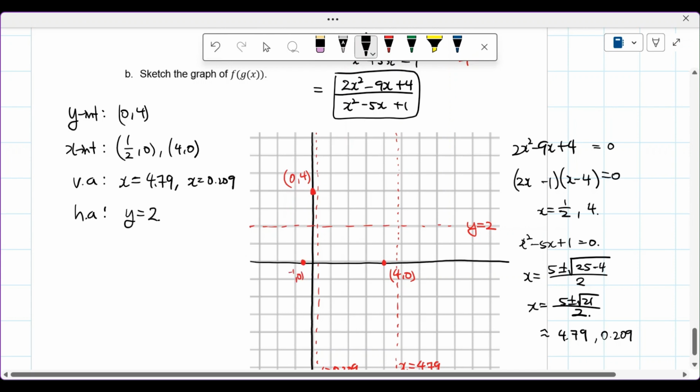No, that was kind of weird. That looks better.